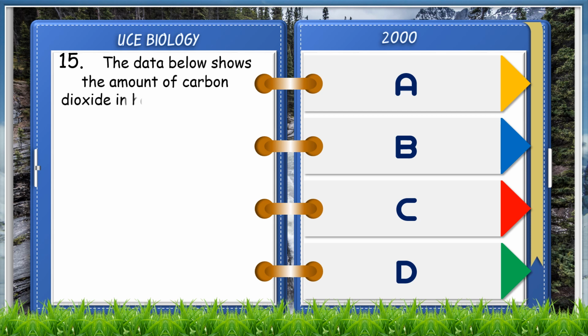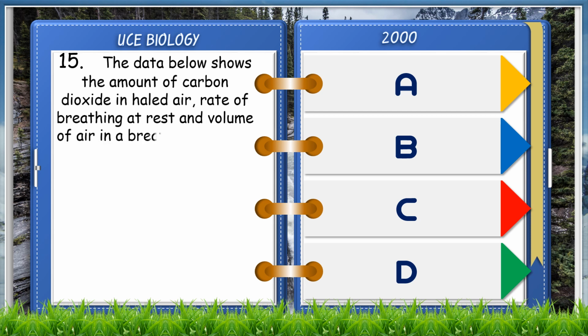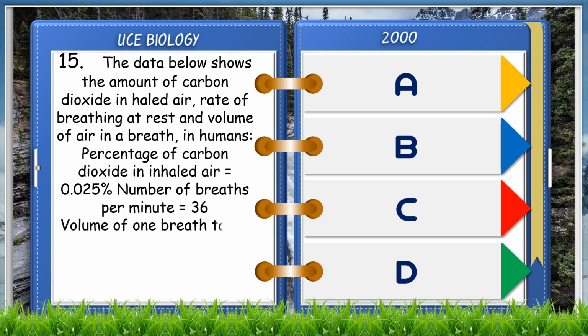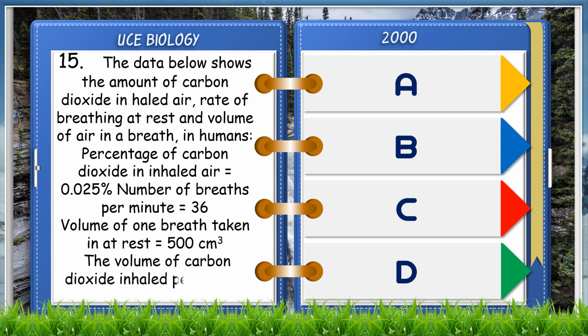The data below shows the percentage of carbon dioxide in inhaled air, rate of breathing at rest, and volume of air in a breath in humans. Percentage of carbon dioxide in inhaled air is 0.025%. Number of breaths per minute is 36. Volume of one breath taken in at rest is 500 cubic centimeters.